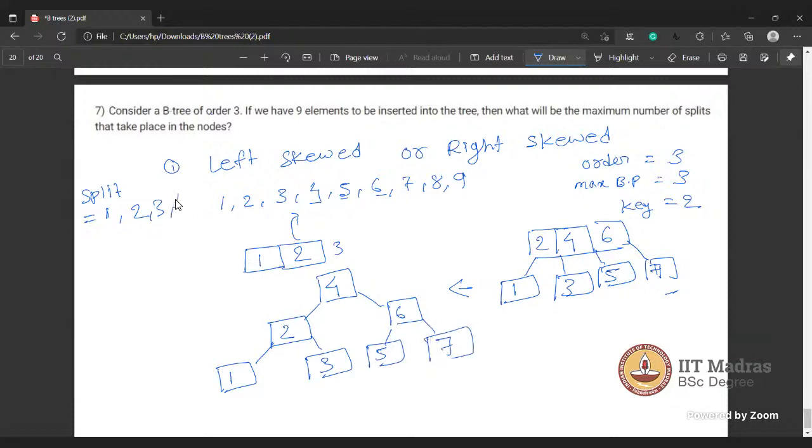So the splits are 4. You got it until this? Yes, sir.